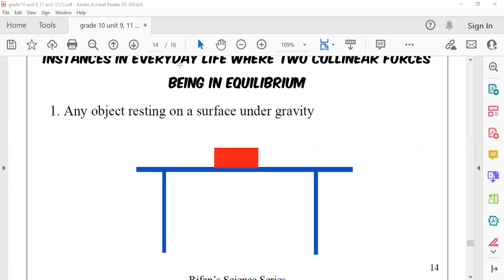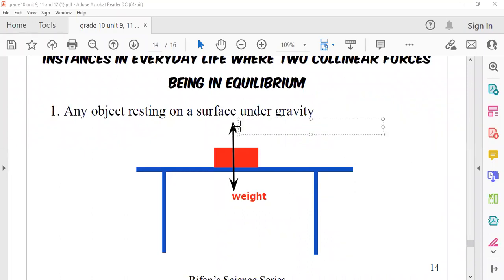Now on this book, two forces are working. One force is working upward. Another force is working downward. The downward force working is called weight.